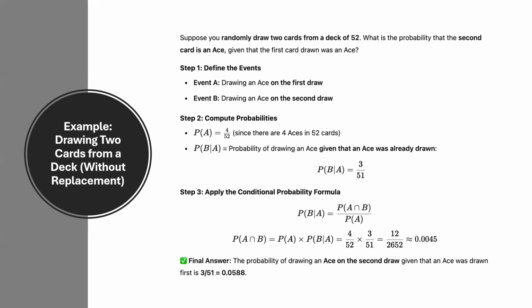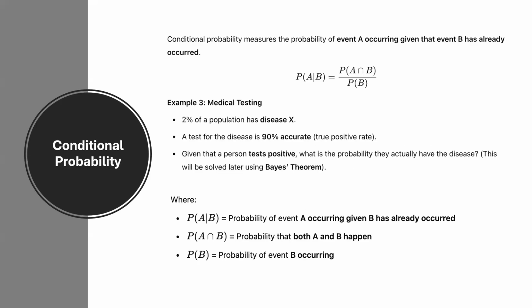Now you can imagine, these two events, drawing a first card and drawing another card, are dependent on each other, based on the definitions that we discussed. So let's try to solve this using the formula that we just discussed, because here we are trying to calculate the conditional probability of event A occurring given that B has already occurred.